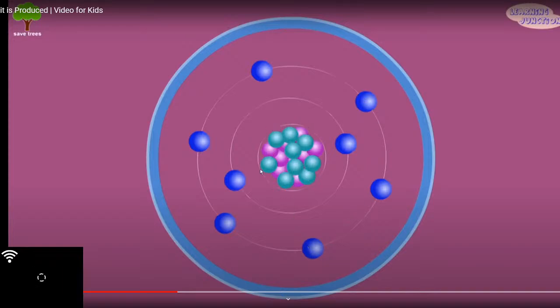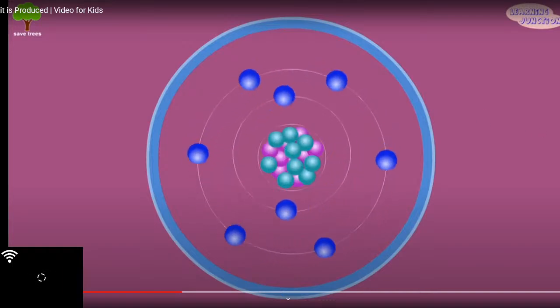And here in the nucleus you have green particles and pink particles. One of them are protons and the other are neutrons. If you have 3, 4, 5, 6, 7, 8, you have 8 electrons, you need 8 protons. Why? Because you need the atom to be neutral.